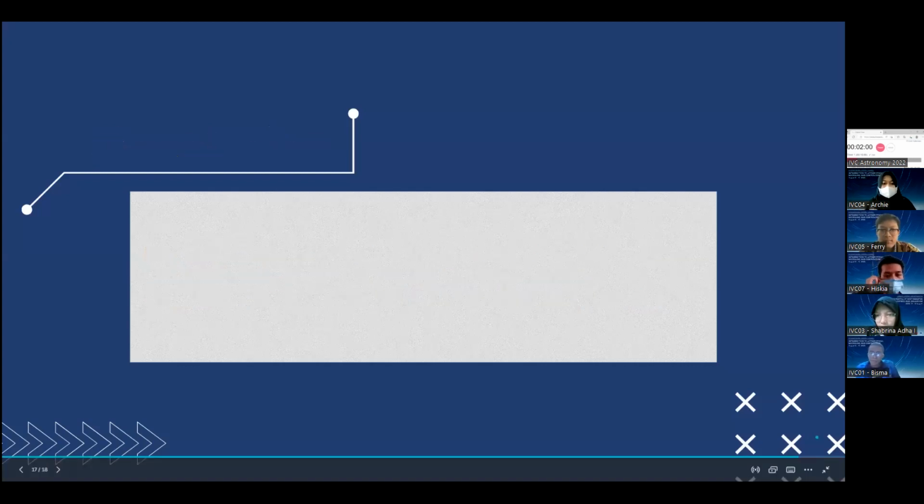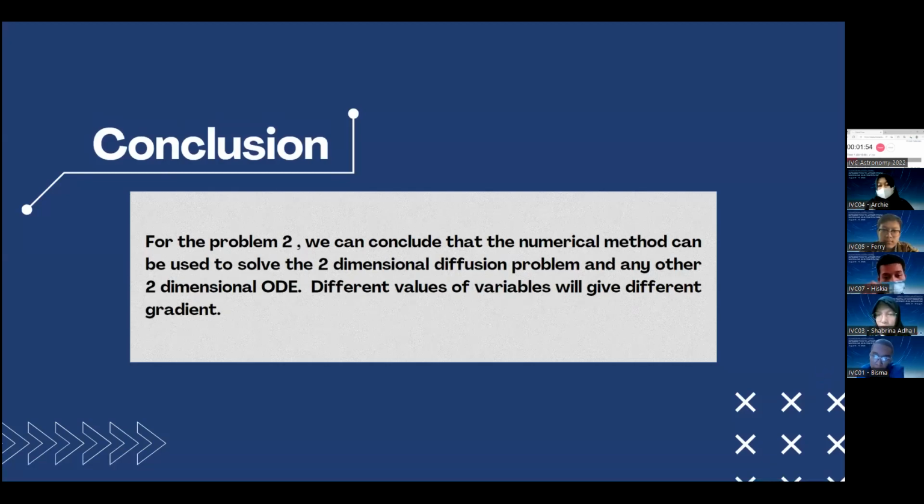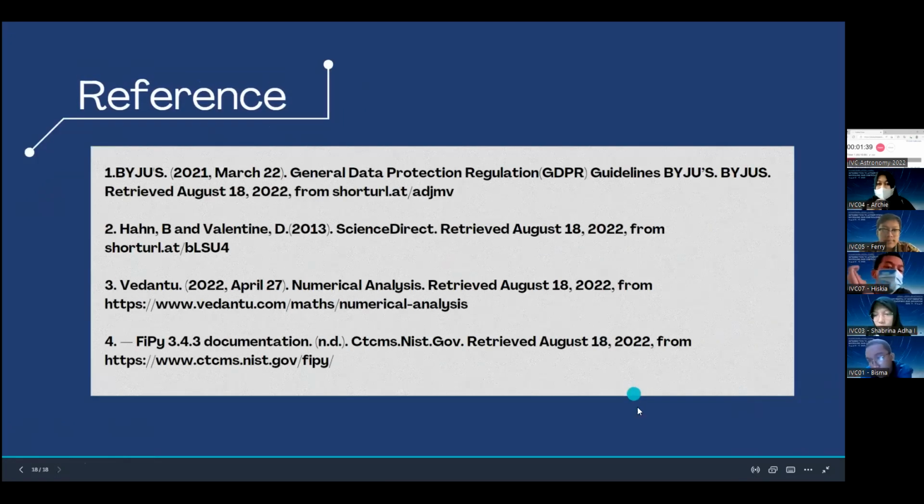Next, for problem number 2, we can conclude that the numerical method can be used to solve the two-dimensional diffusion problem and any other two-dimensional ODE. Different values of variables will give different gradients.